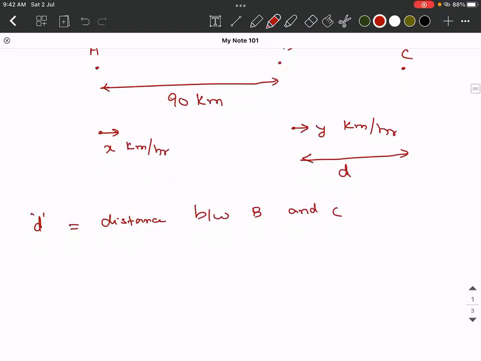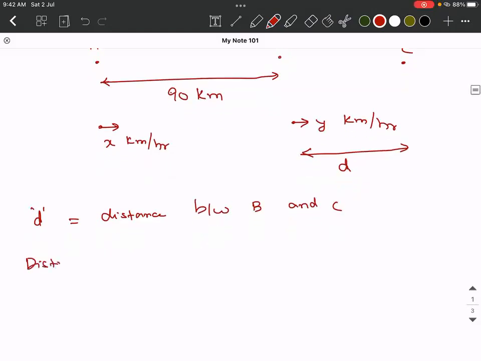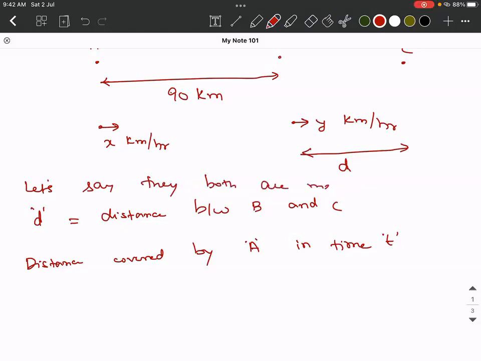Okay. Now, what is the distance covered by A in time t? Let's say they both are meeting at point C at time t.